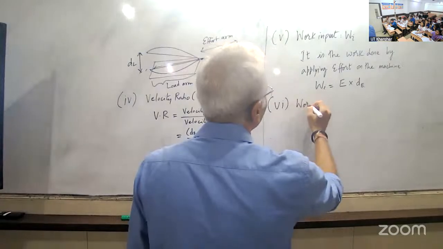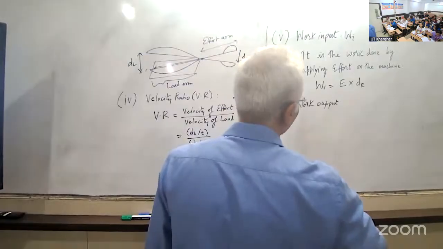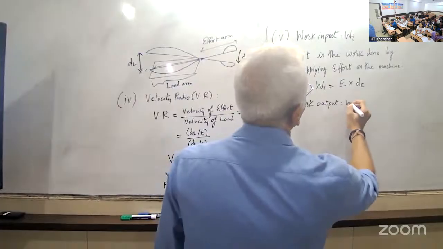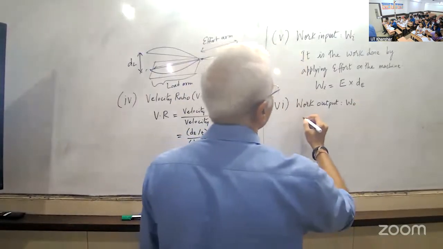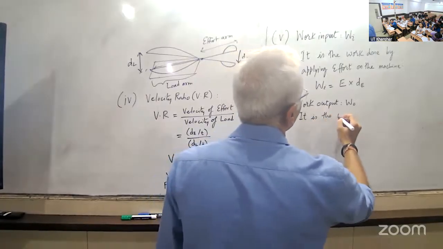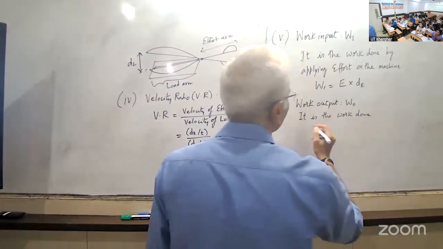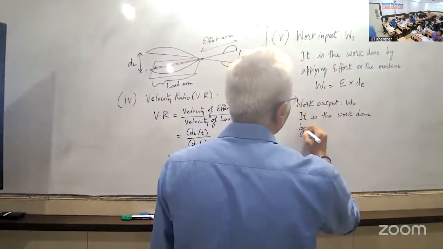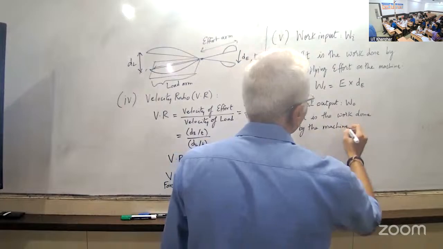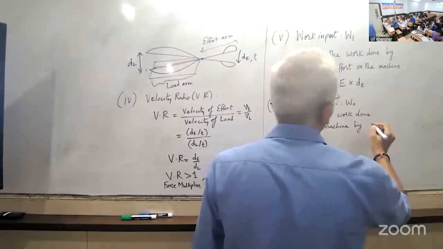What is work output? Output, WO. It is the work done by the machine by overcoming the load.